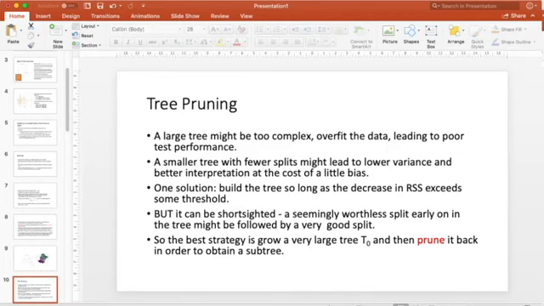A seemingly worthless split early on in a tree might be followed by a very good split. What does it mean? Because remember, we use a greedy approach. At the top of the tree, you look at all the predictors and think, oh, x1 is the most important variable here, so I choose x1. After that, we move further and further down without looking back at what we chose earlier.